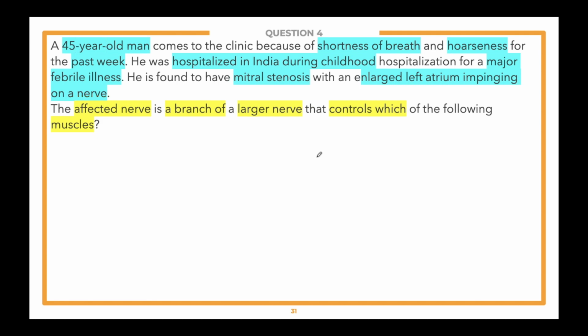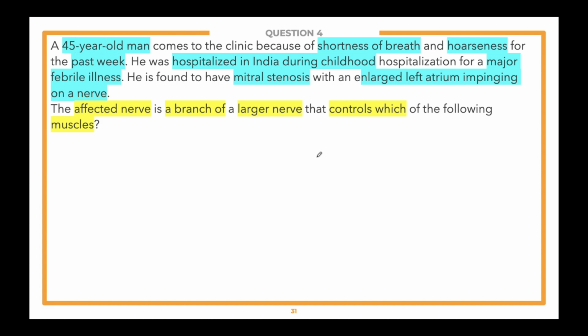So now in this question, this is a 45-year-old male, and they tell us he's had shortness of breath and hoarseness, specifically for the past week. They tell us a little bit about his past medical history and physical exam findings. You can see this is a shorter vignette, so you definitely want to make note of those clues because that may be all you're given to come up with the correct answer, like in this question.